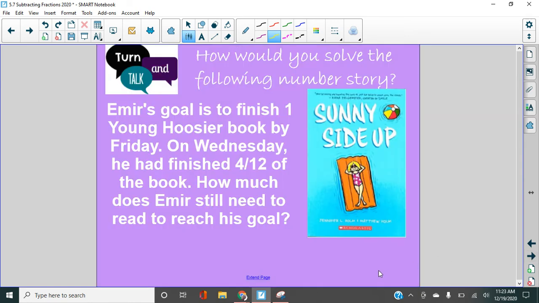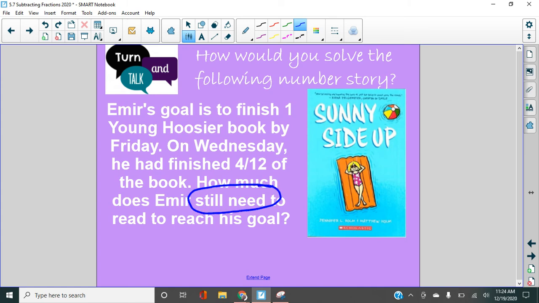I want you to tell me, not the answer here. I want you to tell me what the key words are in this problem. Look down in the question. What are the key words in the question? It's these words here, right here. How much does he still need, right?